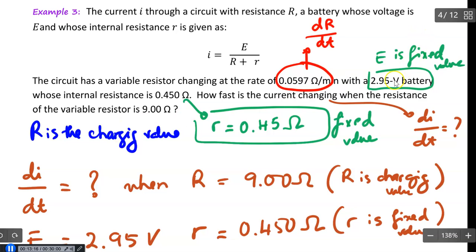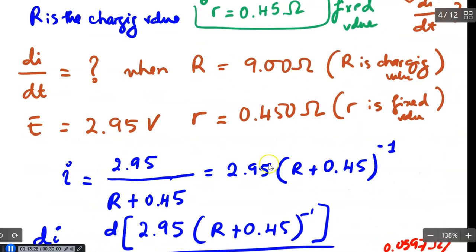So then E is a fixed value because you pick that battery, and inside this battery you have an internal resistance. So this one is a fixed value, this one has to be a fixed value as well. So then you substitute that into your equation, and leaving the R, because R is a changing variable, so you have to differentiate this R, and then you have to find dI/dt.